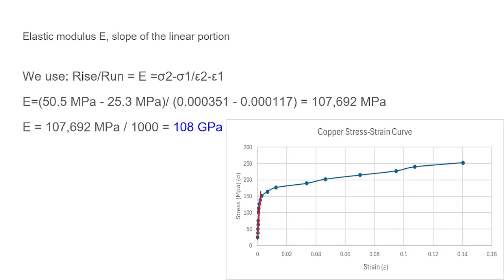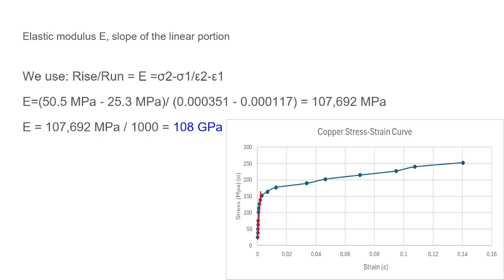So, starting with the elastic modulus, we use the rise over run method to get the elastic modulus. That would be a higher sigma minus lower sigma divided by a higher epsilon minus lower epsilon. So I took two numbers from the linear section.